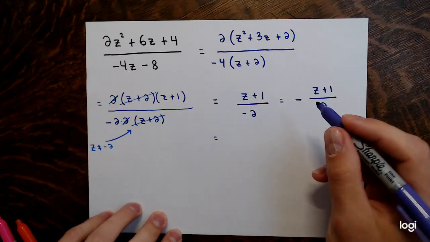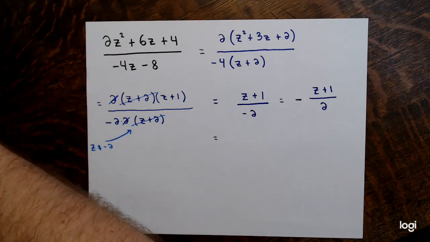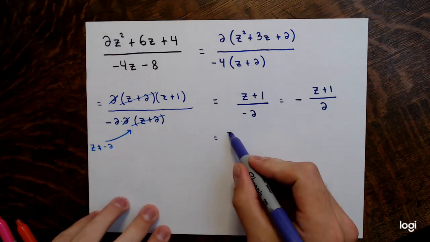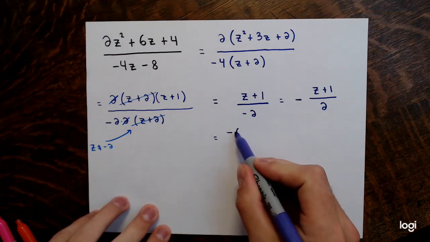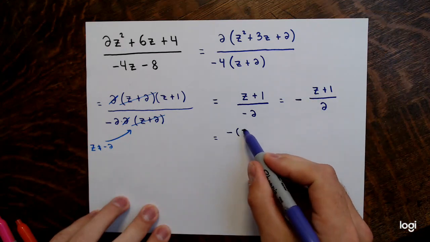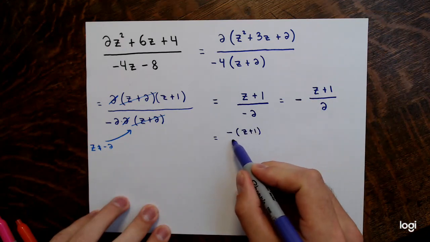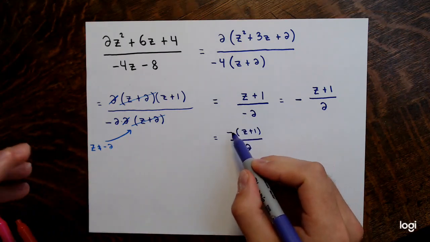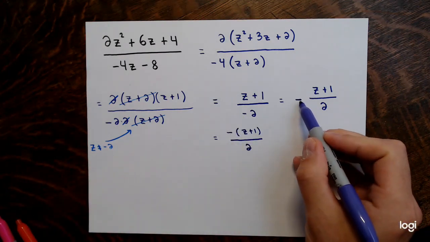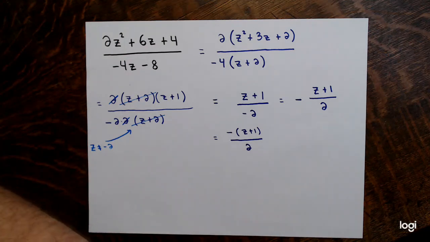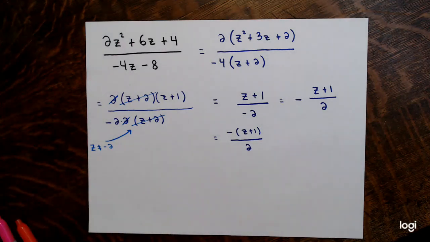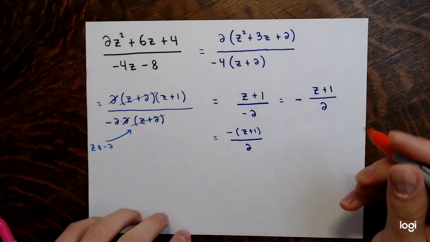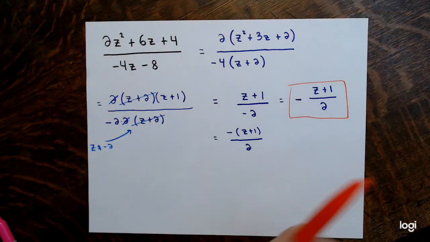Or you could also transfer it to the numerator and make it the opposite of, but just make sure that you're doing the opposite of the entire numerator. So in parentheses, z plus 1 all over 2 like that. So you can have the negative sign in the denominator, the numerator, or just kind of straddling in the middle. And they all mean the same thing. All right. But I personally prefer this one right here.